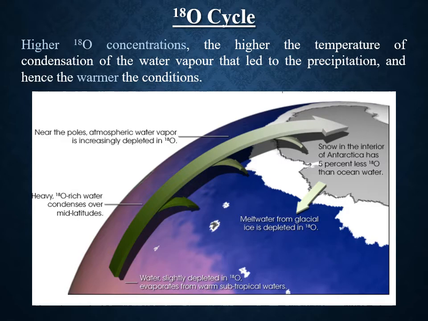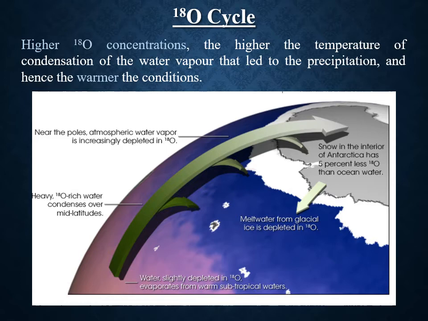At the same time, if we consider all precipitation areas and their isotopic composition, as we move towards high latitude areas, you will get more and more O16 rich water. So fractionation of oxygen isotopes occurs as we move towards high latitude areas.